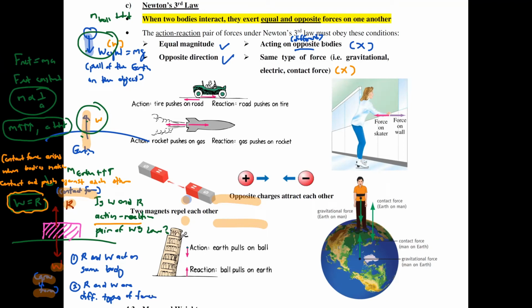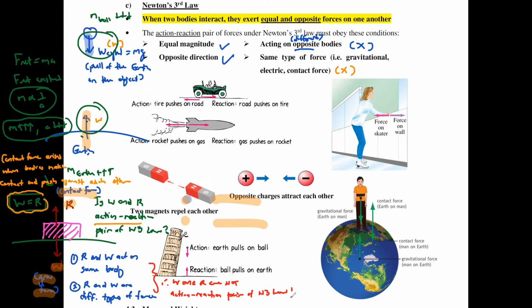So what conclusion can I then say? Are W and R going to be action-reaction pair of Newton's third law? No. The conclusion is no. Therefore, W and R are not action-reaction pair of Newton's third law.